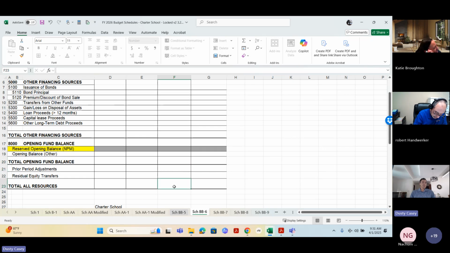Total of all resources is the total of all your revenue, which goes in the cell F16, including debt revenue, plus your opening fund balance, and that gives you your total resources for the year. That should be in row 23. So again, you do include debt proceeds that you get throughout this year, budgeted in this section here. Any questions on BB6?